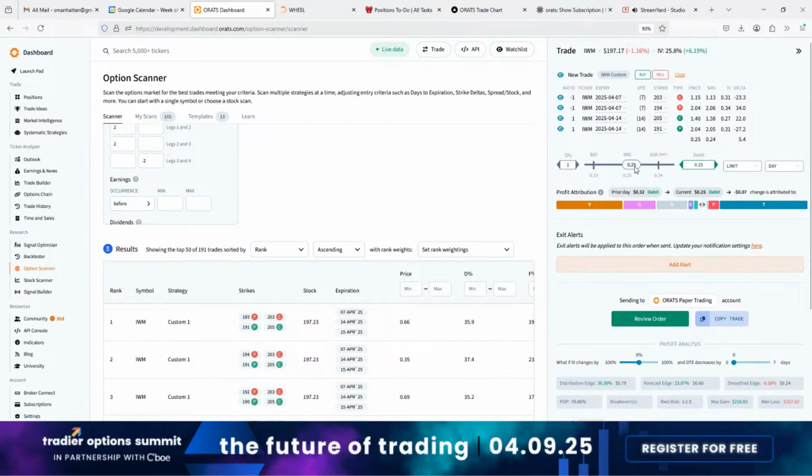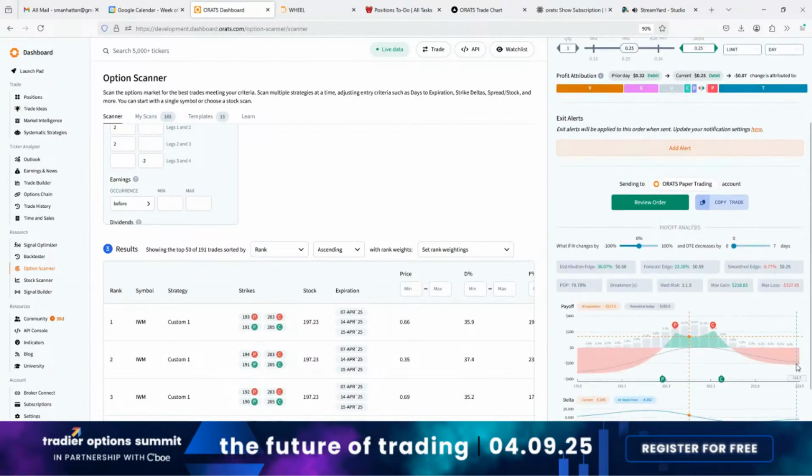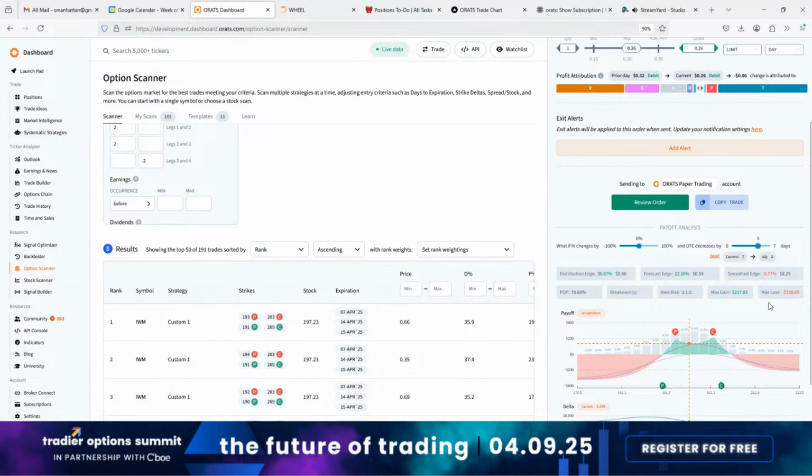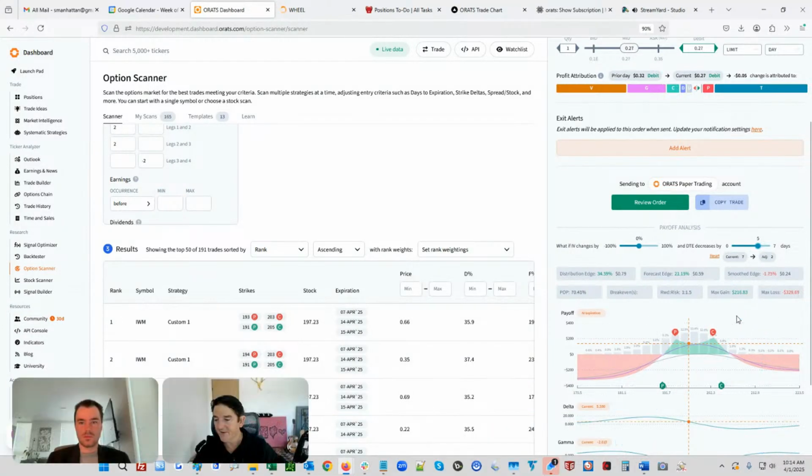It's 0.25 times 100. So we'd lose 225 on the top up here. And if you look, that's kind of what this says. As we go out farther, you're going towards that asymptote, which is negative $225. Does that make sense so far?